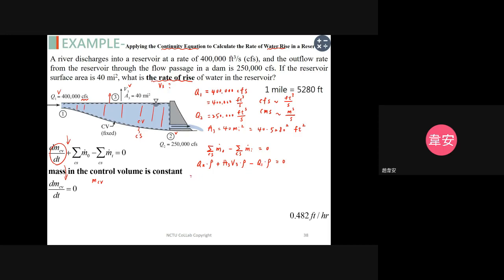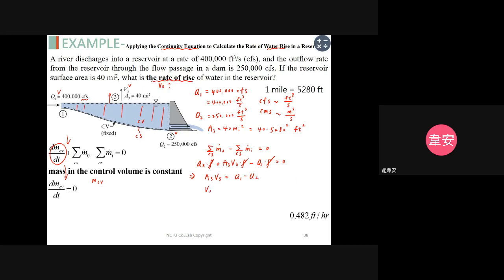Okay, so we make the balance. So we know that A3 V3, and we cancel out all the rho, the fluid densities, is equal to Q1 minus Q2.